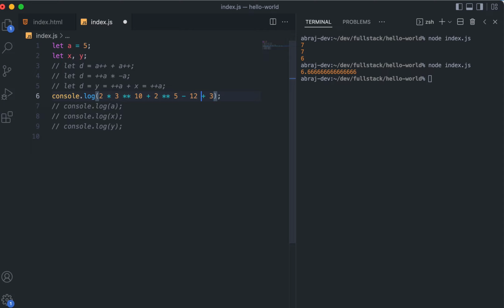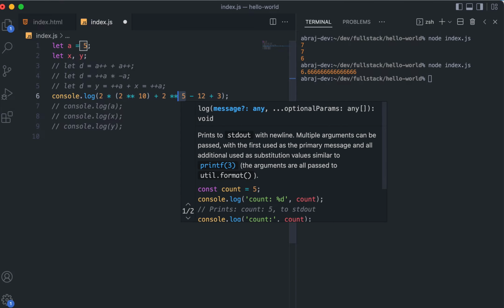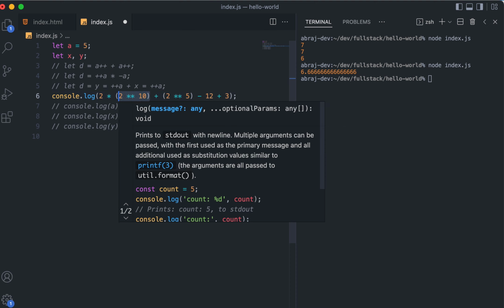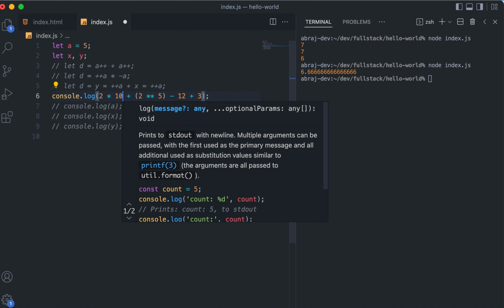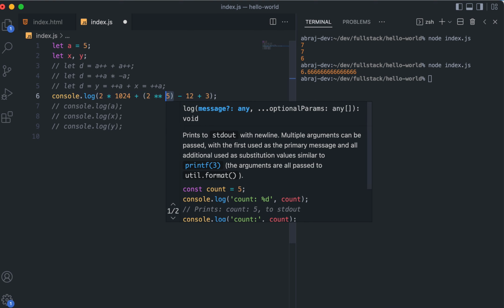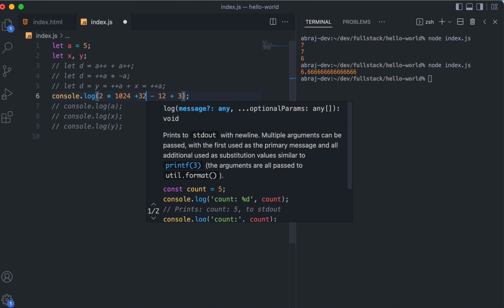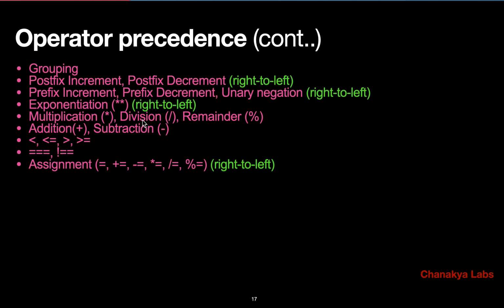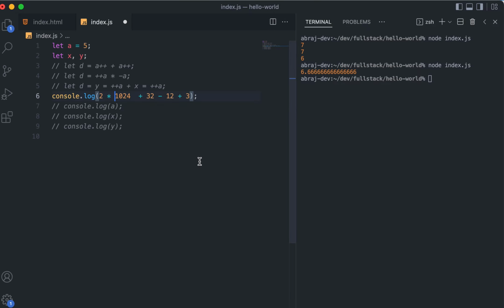So what is going to happen? Firstly all the exponentiations will happen, then all the multiplications. So, let's say 2 raised to the power 10 would be evaluated, and 2 raised to the power 5 would be evaluated, and then they will be replaced by their answers: 2 raised to the power 10 is 1024, and 2 raised to the power 5 is 32. Then the next set of rules will apply: exponentiation is done, now multiplication and subtraction, and more precedence will be given to multiplication.